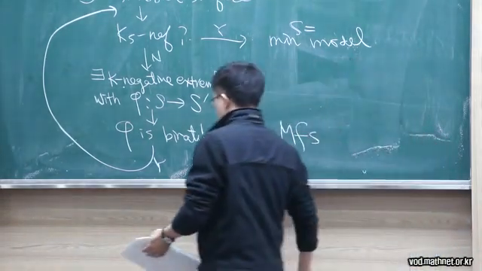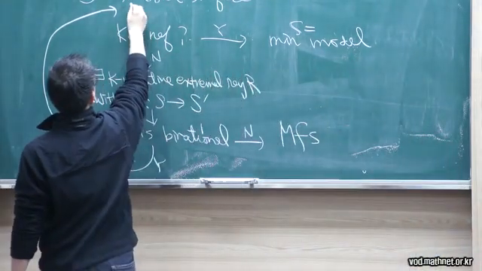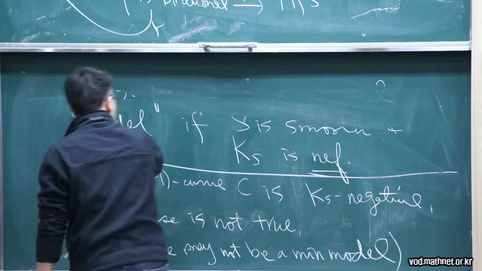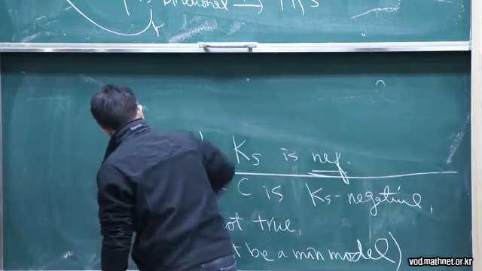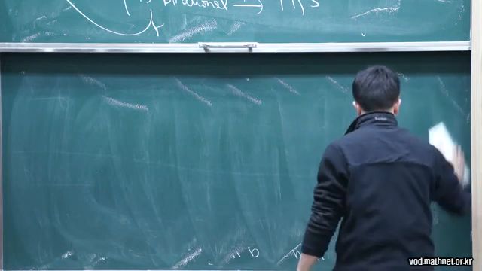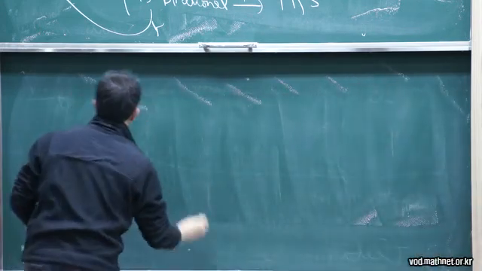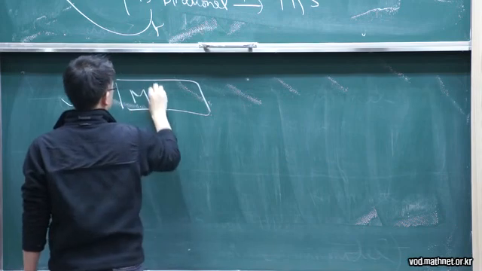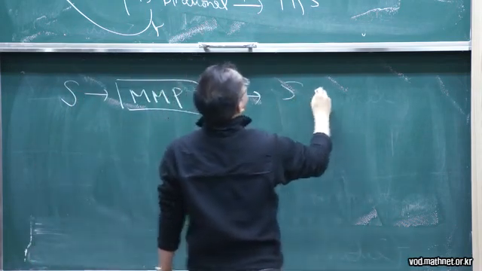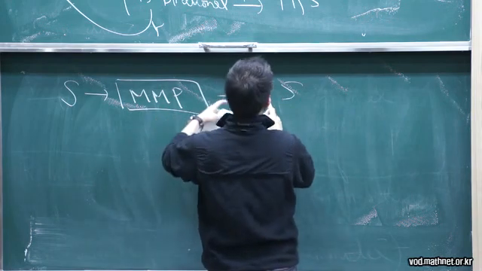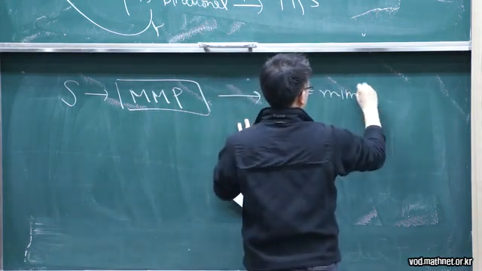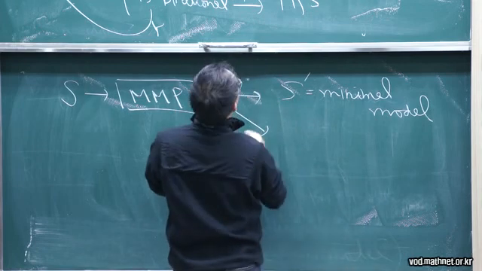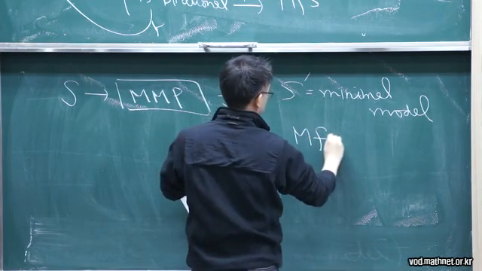So MMP means this whole process. Simply you can view this as MMP of S. As the output, you get a minimal model, or you get a Mori fiber space.